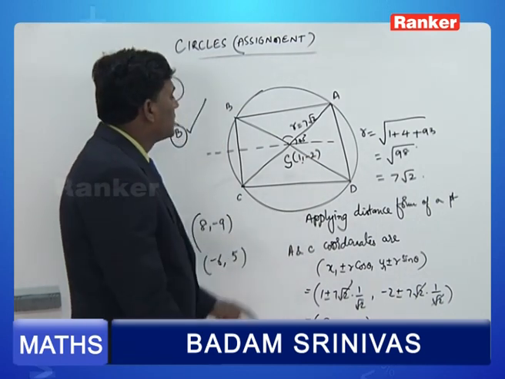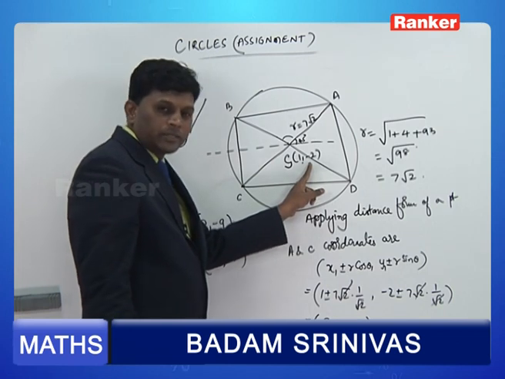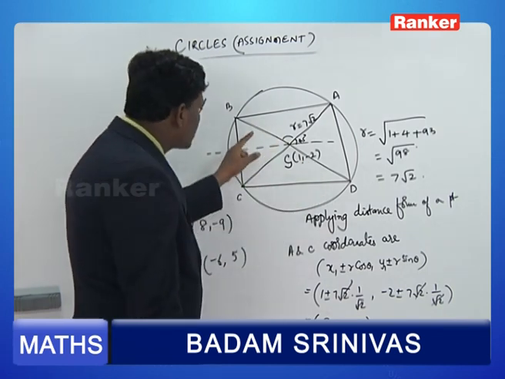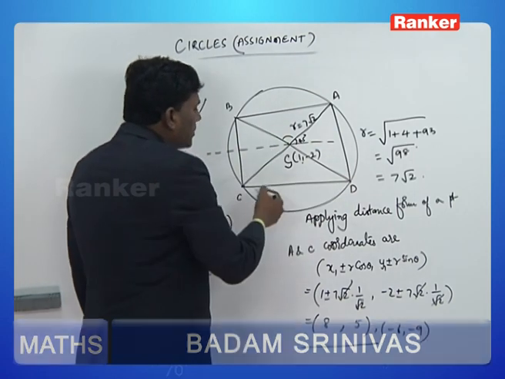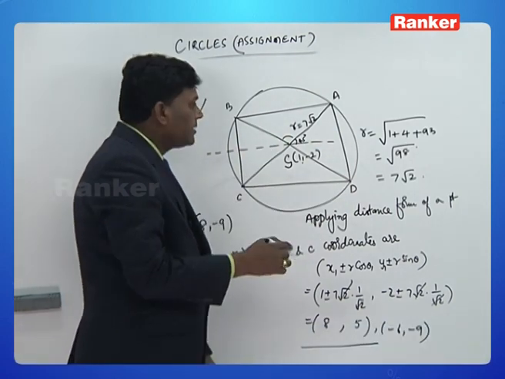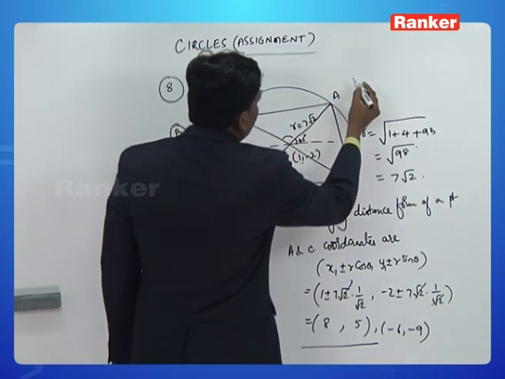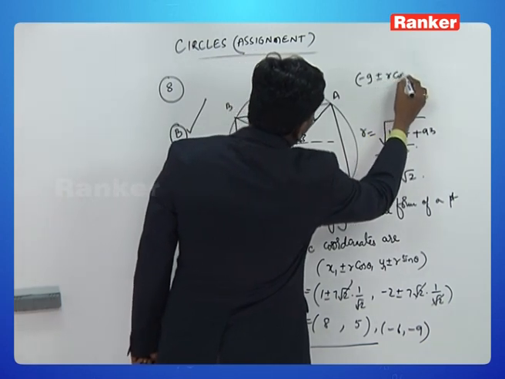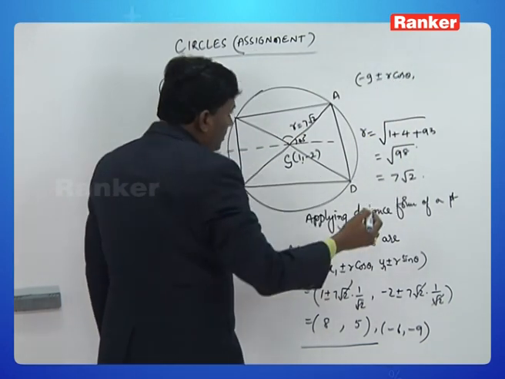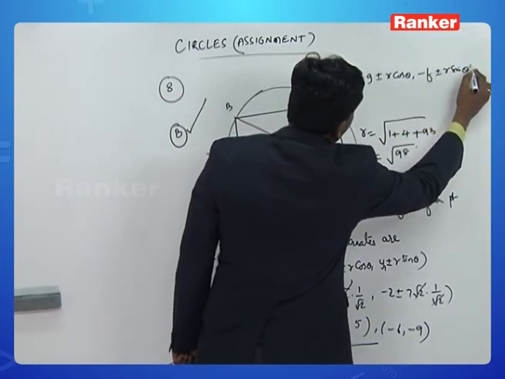In such cases, if the center is (-g, -f), radius is r, and suppose the sides are parallel to axis, then we can get vertices as -g plus or minus r cos theta, -f plus or minus r sin theta.